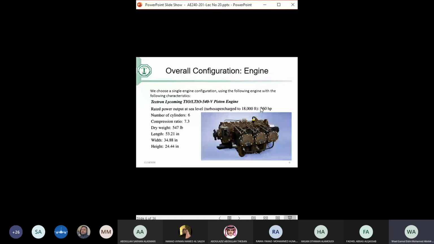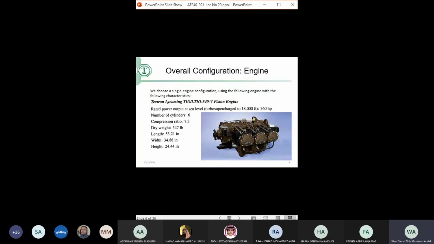And it gives me this power all the way up to 18,000 feet, very close to the 20,000 feet that I have. Of course, I can go for a bigger engine, because this is slightly less than the 362. I can go 380, for example, and if I find some engine in the market that gives me 380 up to 20,000 or 25,000 feet, I can pick that one.